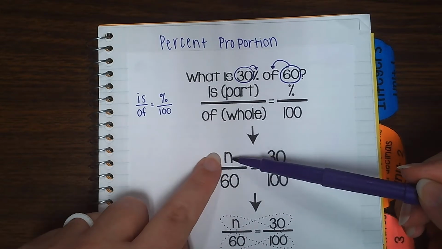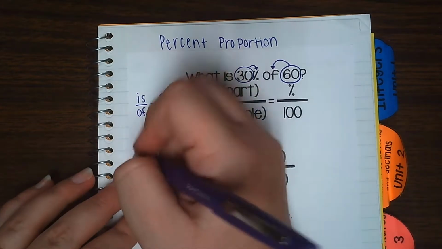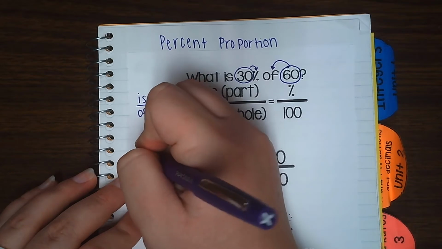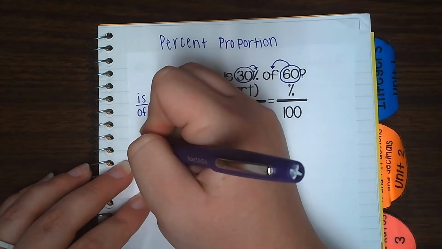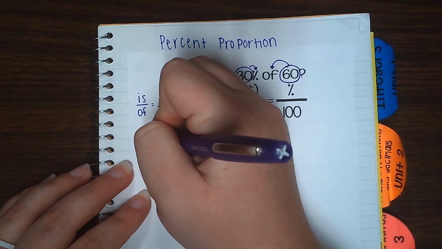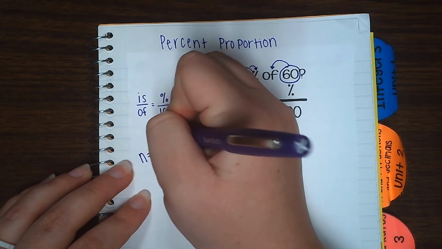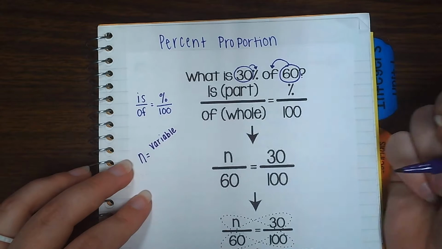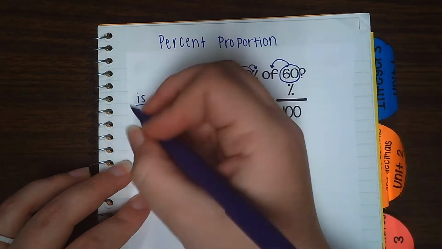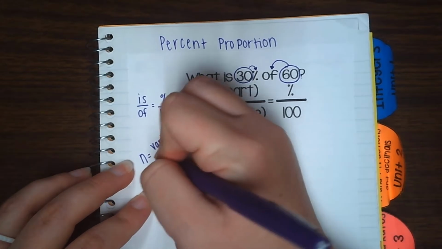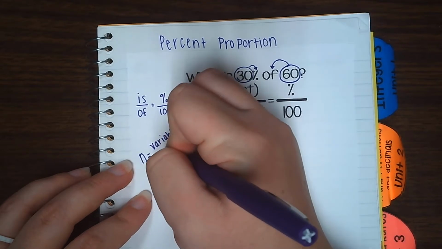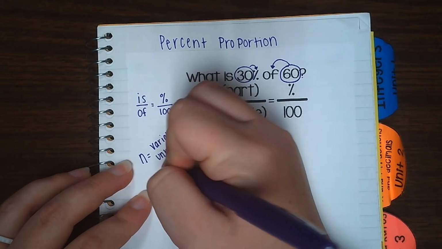So our n, our unknown, we're going to write that to the side. N is a variable. Okay, that's your technical term. But it is your unknown number.